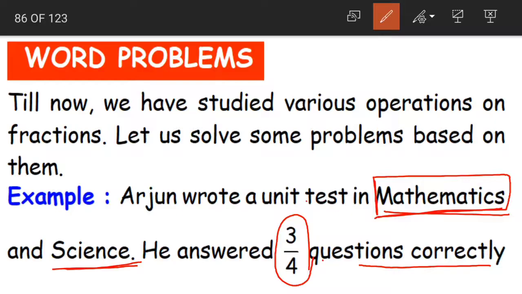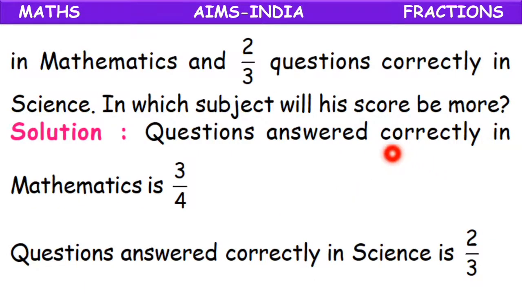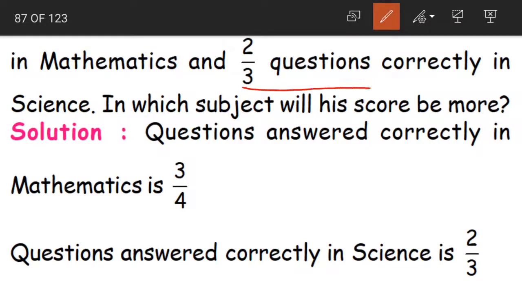In mathematics, he answered only 3 by 4 questions correctly. And when it comes to science, he answered 2 by 3 questions. 2 by 3 means of the total number of questions from the subject science, he answered only 2 by 3 correctly. Understood the question, children?